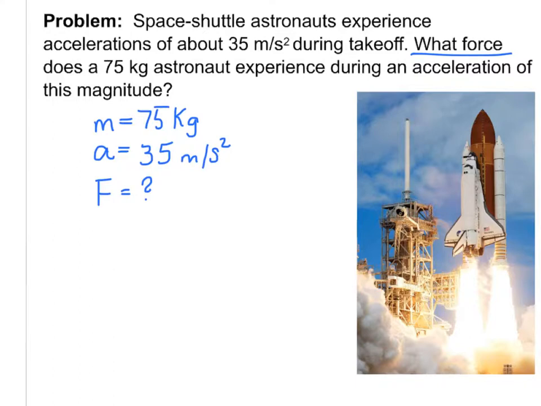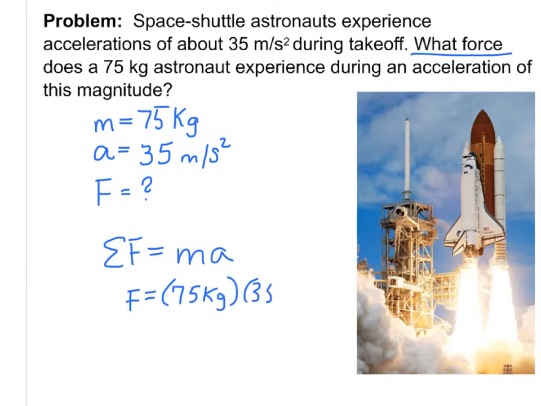Next, we can write down our relationship. The sum of the net external forces is equal to mass times acceleration. So this is pretty easy. We can simply plug and chug values in. We know that the force he's experiencing is equal to 75 kilograms times 35 meters per second squared.